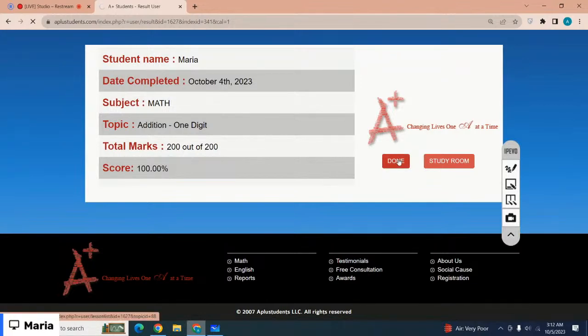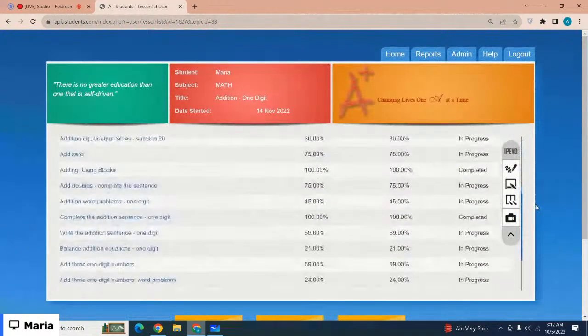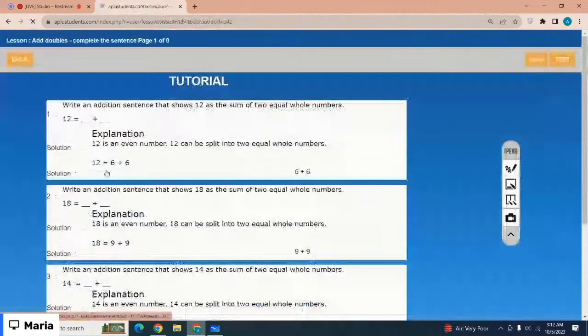The next lesson is add doubles, complete the sentence. Doubles means you have to add the same number, right?